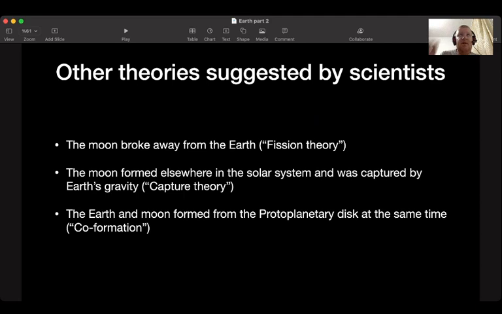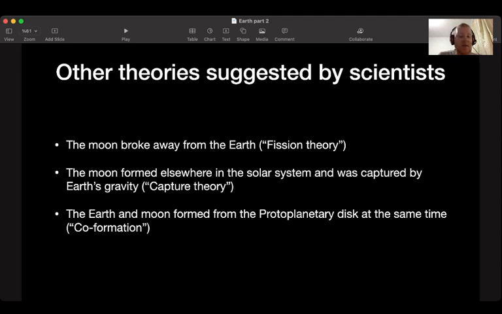But every year the Moon moves further away by just 4 centimeters.